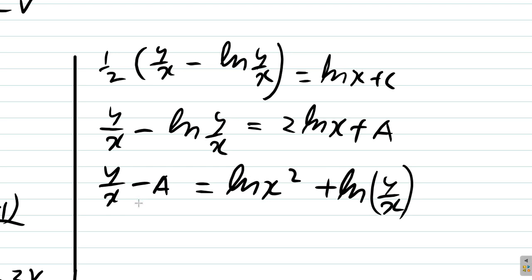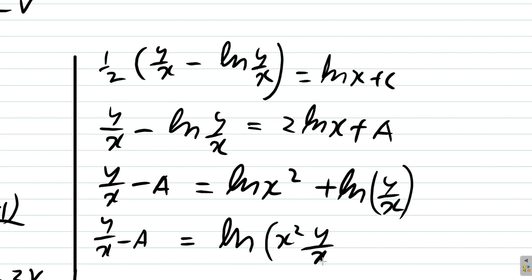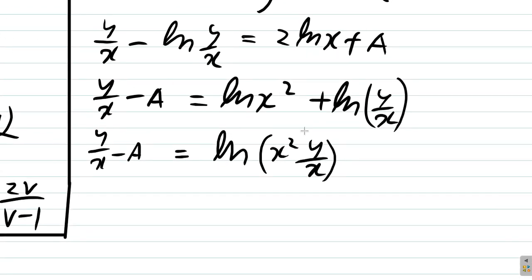So let's say y over x minus a is equal to ln x squared y over x. Okay, it's x squared y over x, which is the same as ln xy. Call it ln xy now.